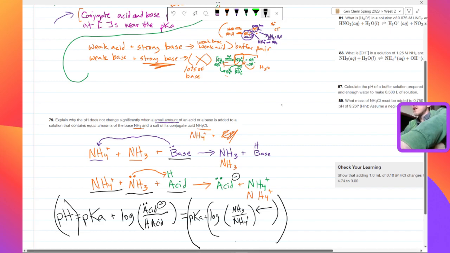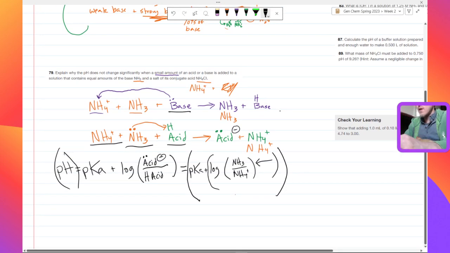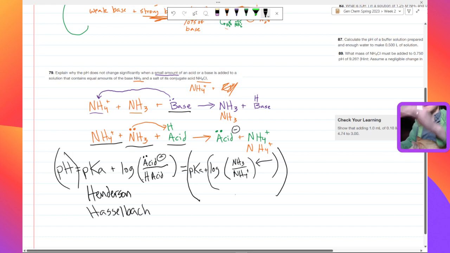We're about to do examples that use numbers. Of course, this right here was the Henderson-Hasselbalch. I hope I'm not accidentally misspelling that. And the Henderson-Hasselbalch only applies with a small amount of changing stuff. If you have a big change, you can't use this. You have to do something more complicated.